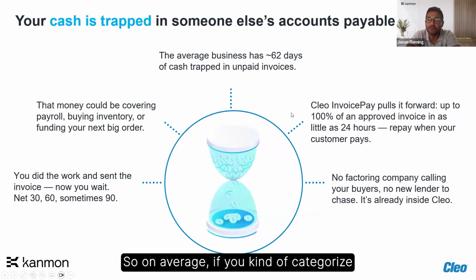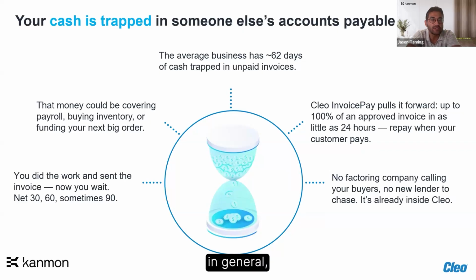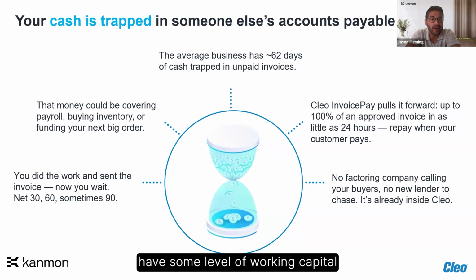So on average, if you categorize or study small businesses at scale, small businesses in general, especially if they're B2B, have some level of working capital tied up in somebody else's accounts payable or their own accounts receivable, pretty much across the board.